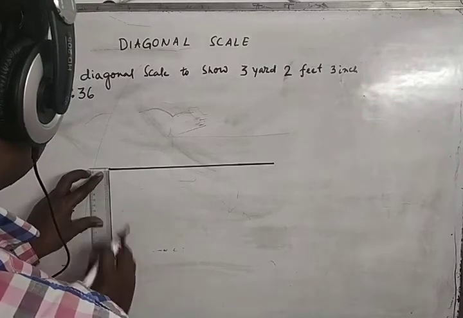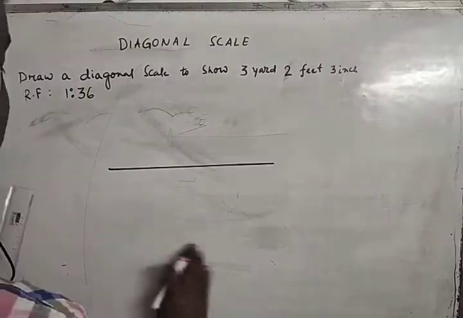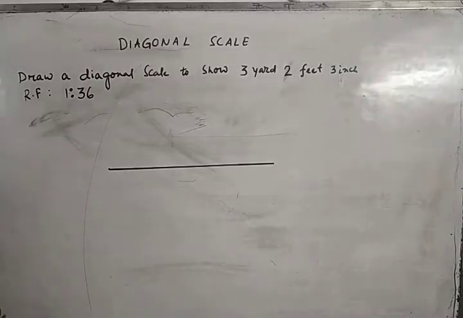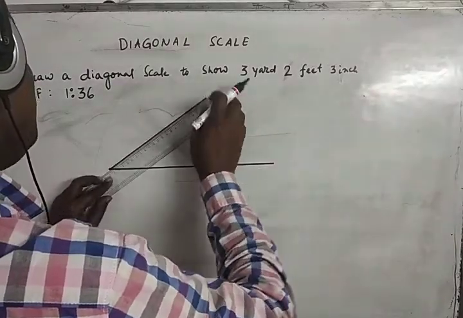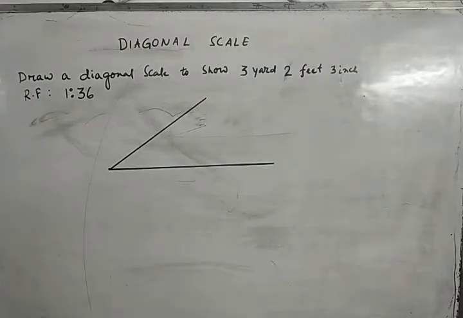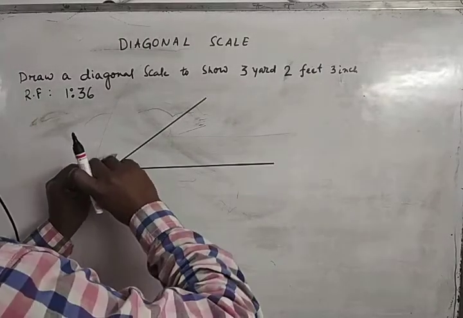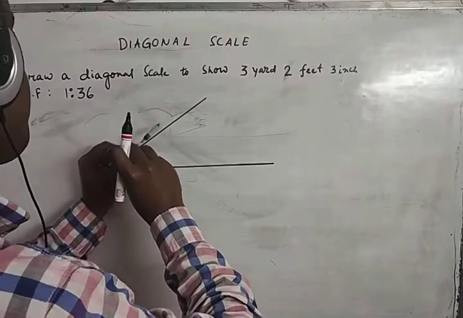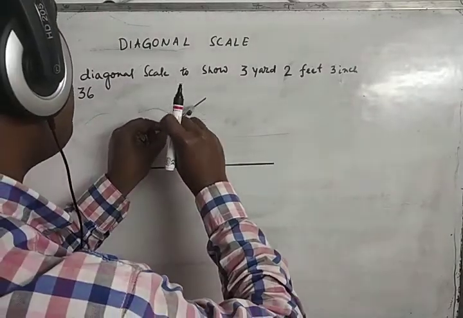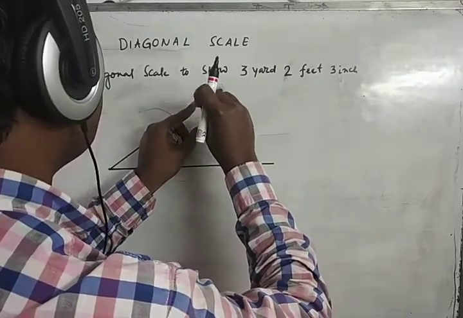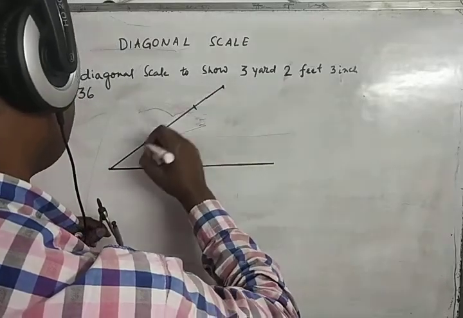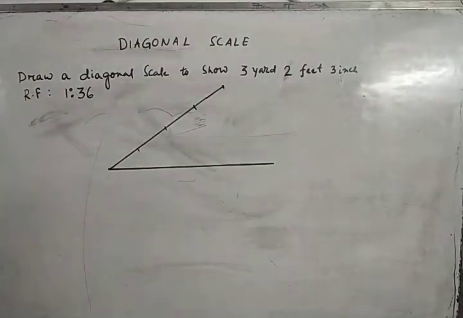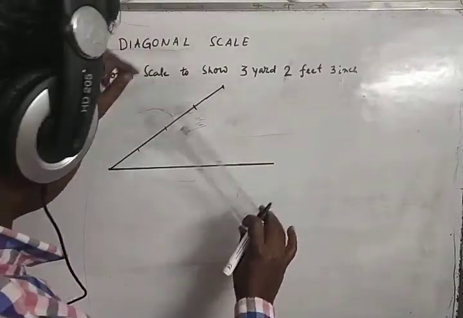How many primary divisions are there? There are total 4 primary divisions. So we can draw primary divisions this way. One, two, three, 4. By taking a set square, we can draw like that.